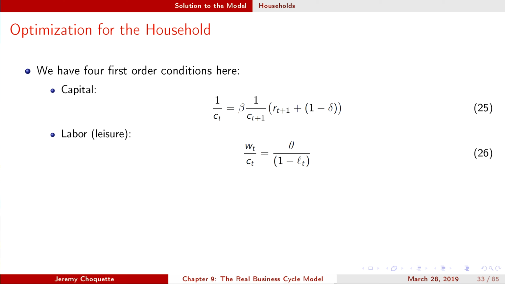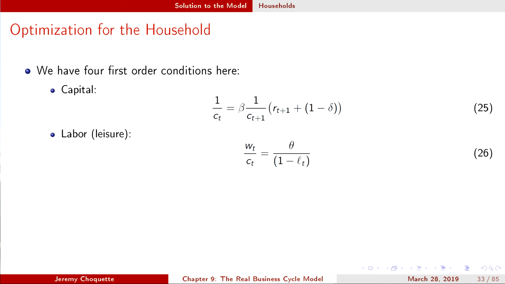Now, labor, or really leisure, what I have is WT over CT. So it is the real wage rate over consumption being equal to theta, the elasticity of substitution between labor and consumption, divided by 1 minus LT, 1 minus labor.